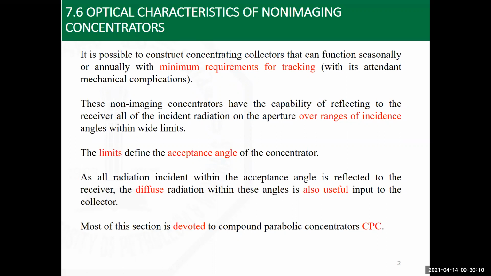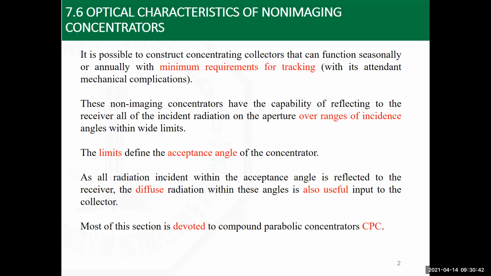Non-imaging concentrators have the capability of reflecting to the receiver all the incident radiation on the aperture. You can imagine that. All radiation falling into the aperture is going to reach the receiver without having to track the sun. Definitely, nothing is perfect, so this is going to be done within a certain incident angle, but it may have wide limits.